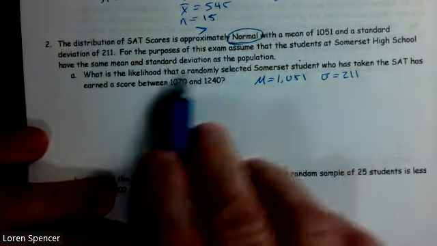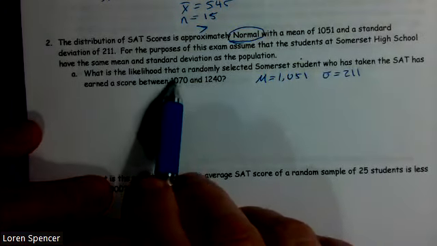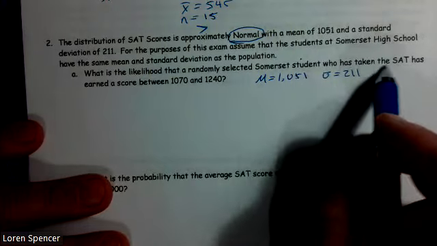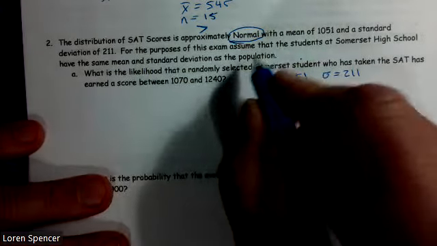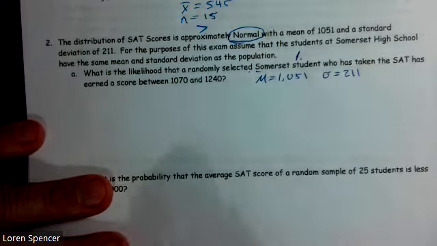So we're going to believe that it's the same for both Somerset and the population. What is the likelihood that a randomly selected Somerset student who has taken the SAT has earned between 1070 and 1240? In this case, a randomly selected student, so this is one student.